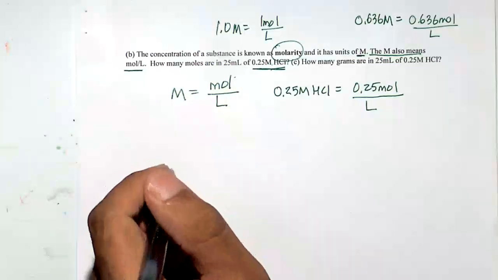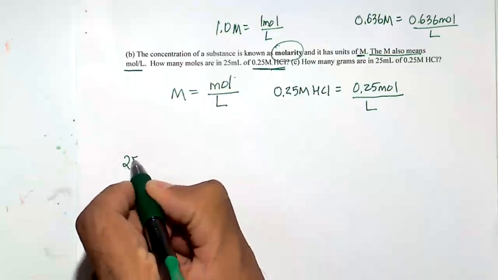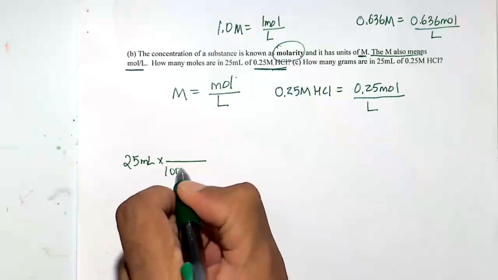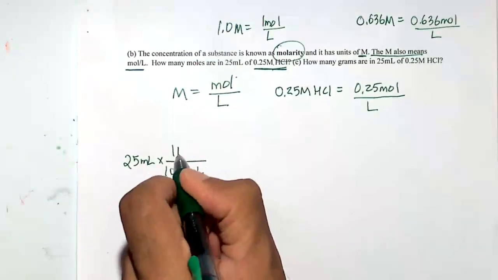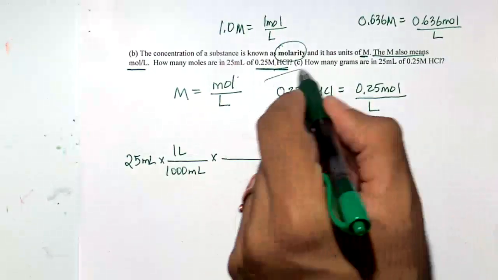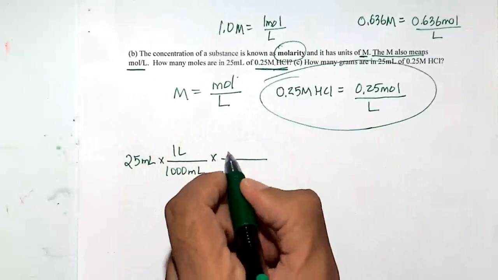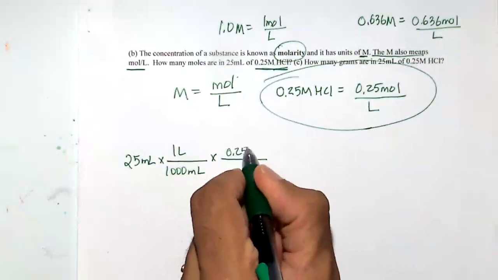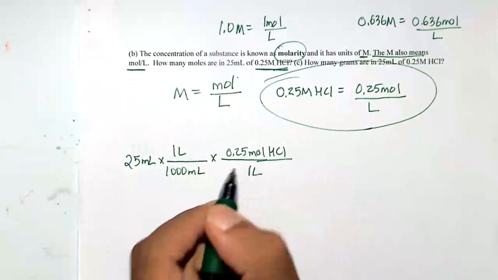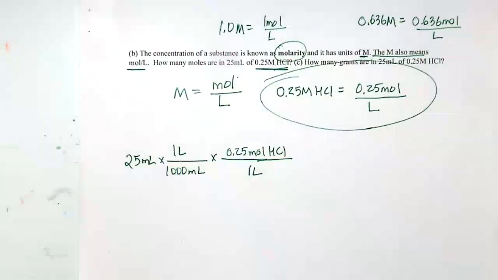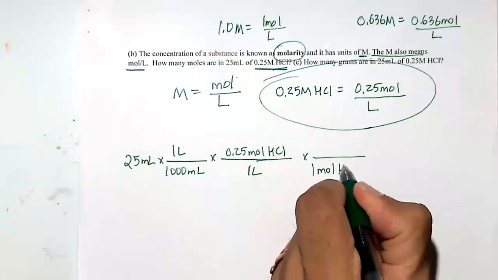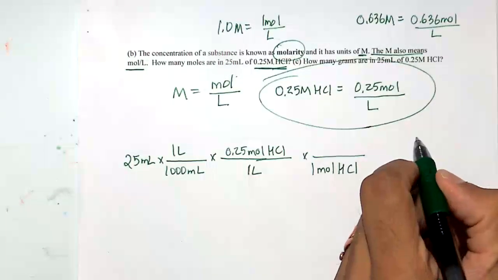All right, let's solve this problem here. How many moles are in 25 ml? Let's convert that to liters. What did we say 0.25 molar HCl was? Per liter, the same thing. And then 1 mole of HCl contains how many grams of HCl?